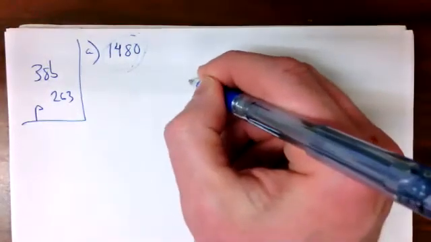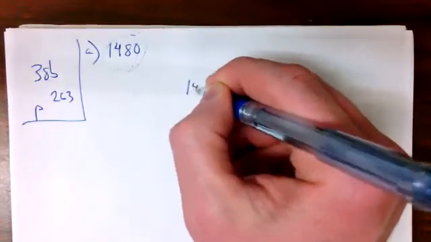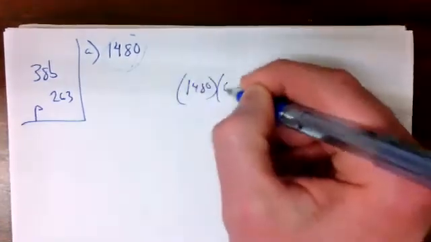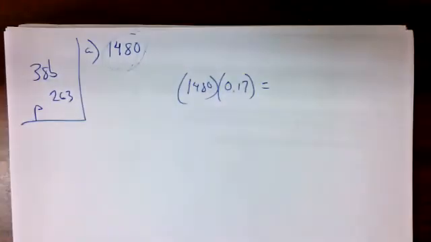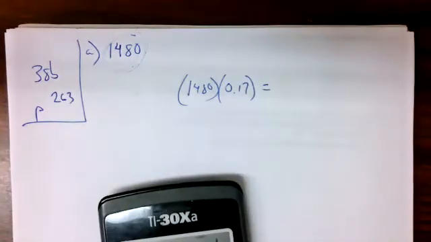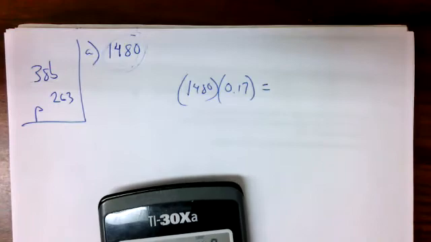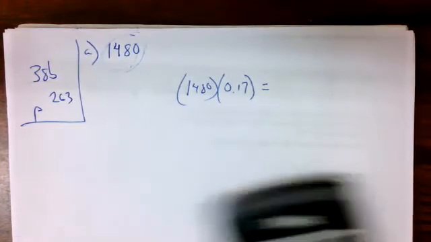Okay, or you could figure out 17% of this, so 1480 times 0.17, and then just find the difference. It's two different ways of doing the same thing. This one's just a touch longer, 251.6.